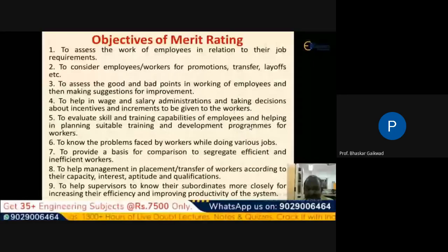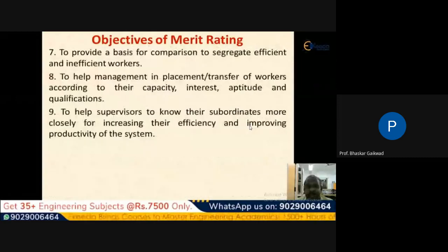To help the supervisors know their subordinates better. In all these factors, what we are trying to do is judge the employee and his abilities. Again, to provide a basis of comparison of efficient and inefficient workers. To help the supervisors know their subordinates better. That's what we have seen.